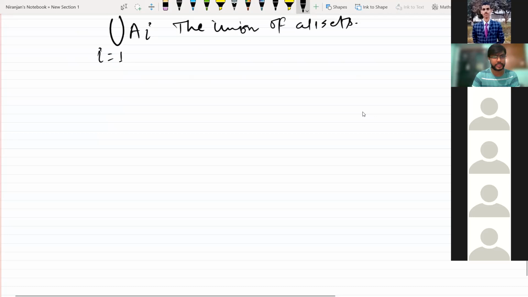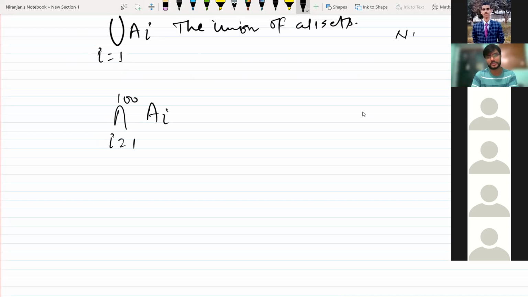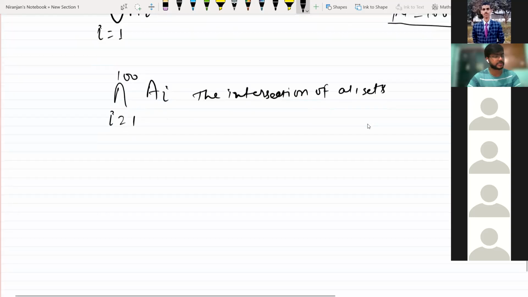And similarly, if you have an intersection, you can denote it in a similar way. I'm assuming that n is equal to 100, so you don't have to worry about that. If you want to write just n, you can write n. This is the intersection of all sets.